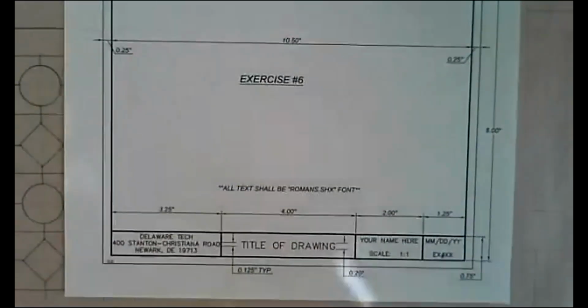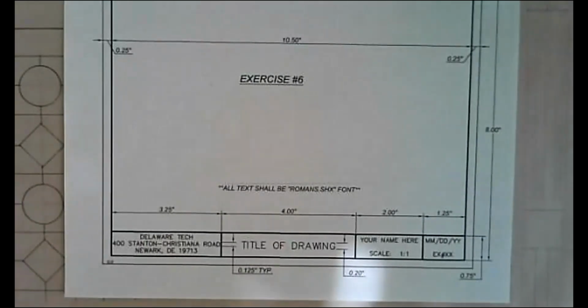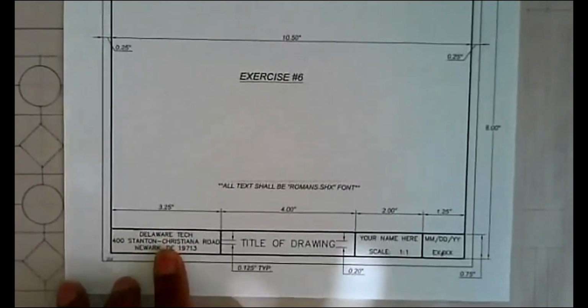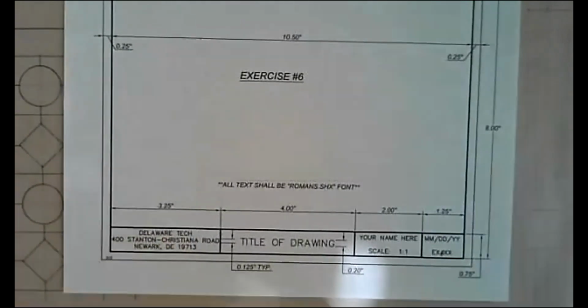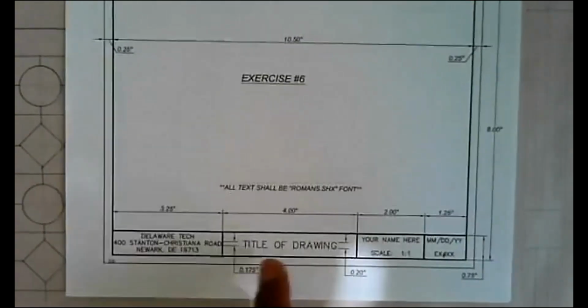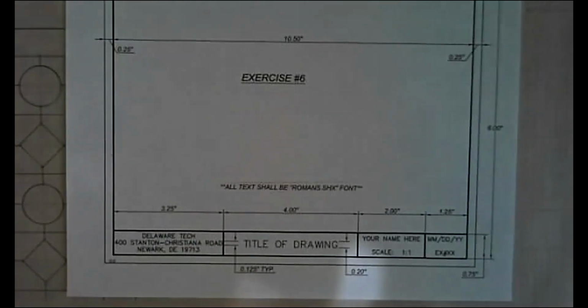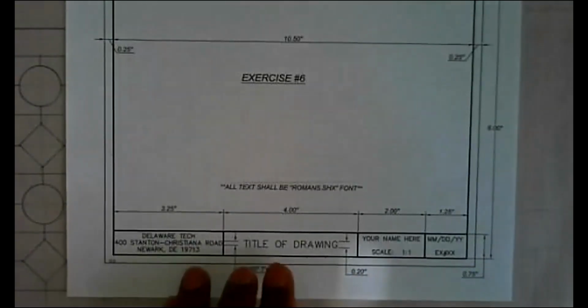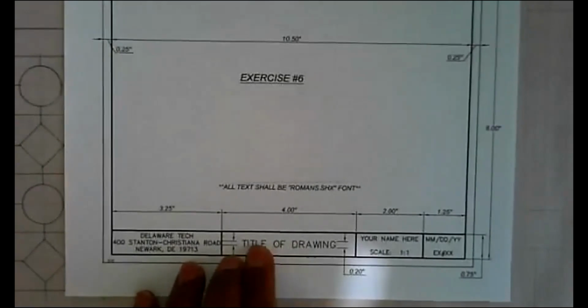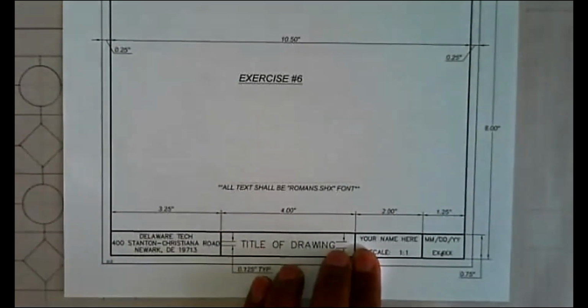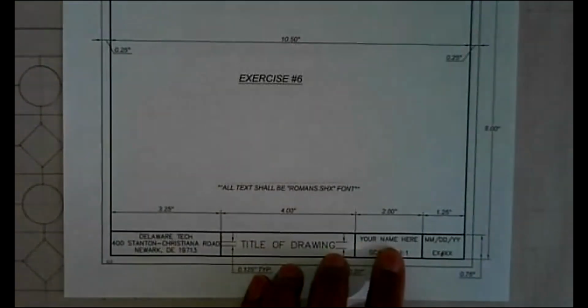So now we're about to add annotation text. We're going to add this text in this box. We're going to add these exact words, title of drawing, right? Because this is sort of a template drawing, so we will change the title of a drawing to suit our needs. You're going to put your name here.